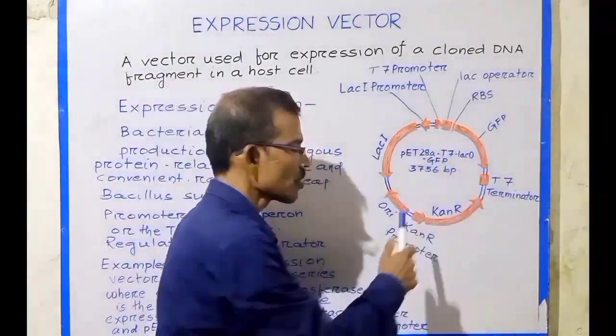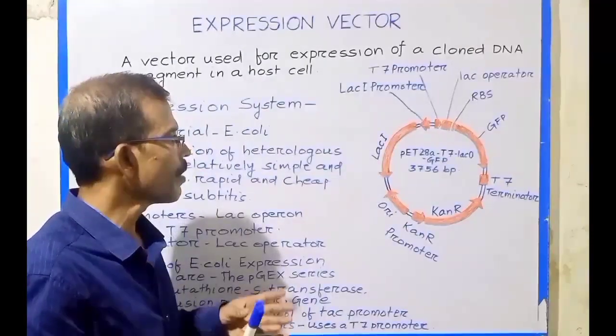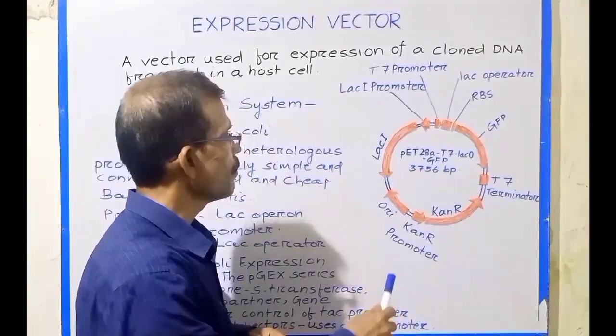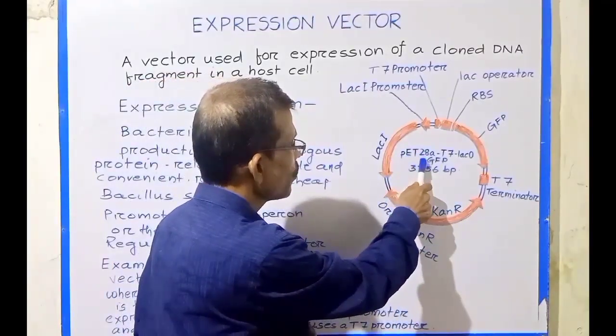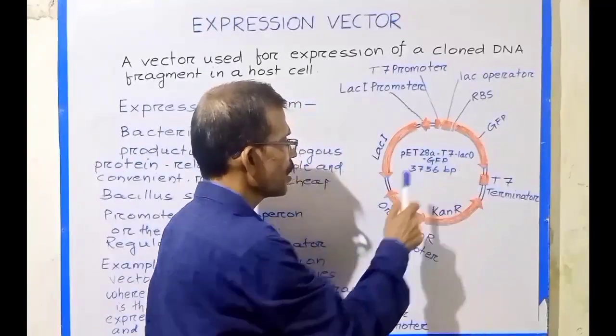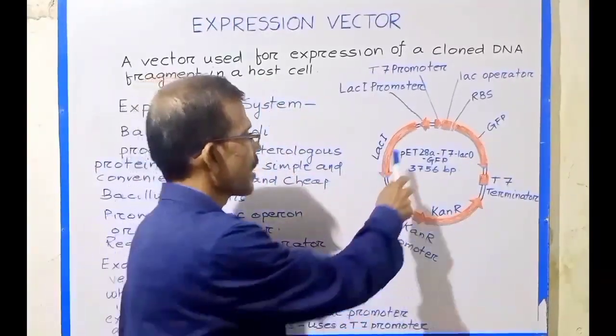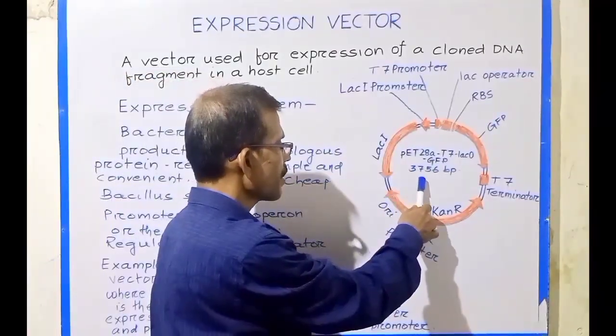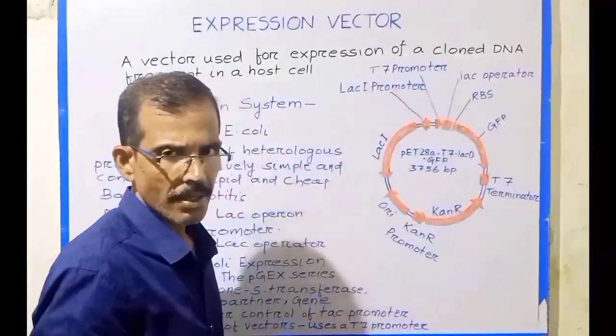This figure shows the map of a member of the pET series of vectors, namely pET28a T7 lac GFP. This expression vector has 3756 base pairs.